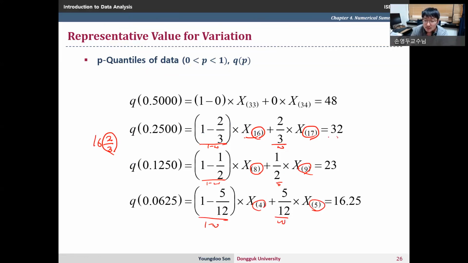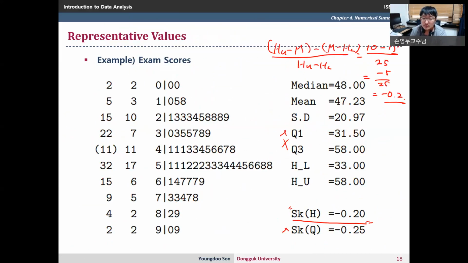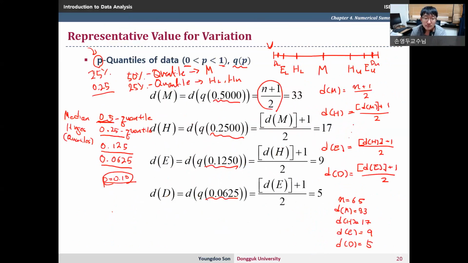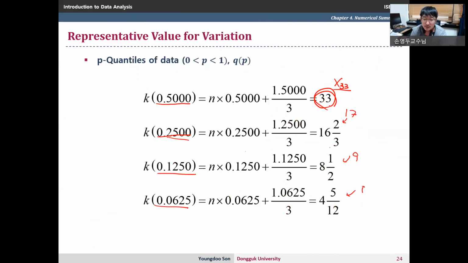We can get the values. They may be slightly different from the original ones. Okay. These are the p quantiles, and we can get the values here.